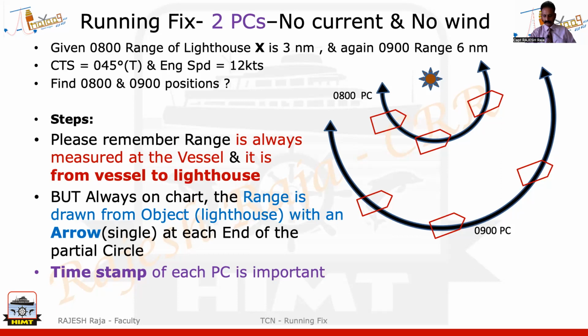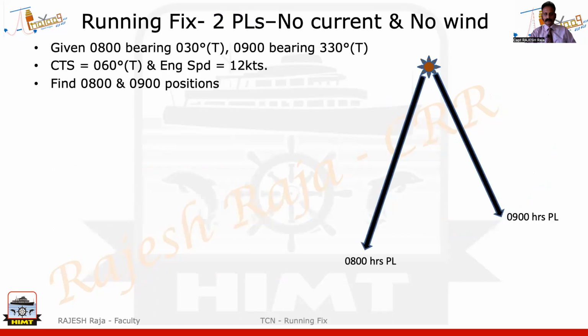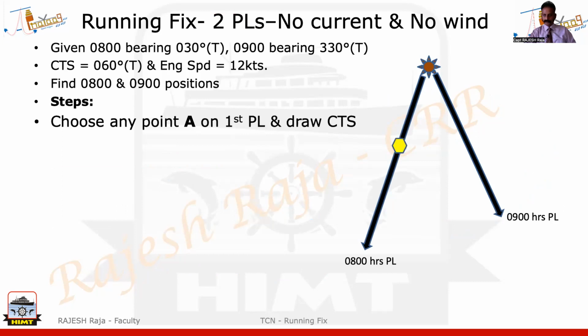So before I go, I want to quickly recap what we did on the PL. Please have a look. There's similarity because it's always confusing to solve a position circle problem. So let us quickly recap what we did on PLs. So the same lighthouse, I drew both my PLs. Then I would choose a point A anywhere on the first PL.